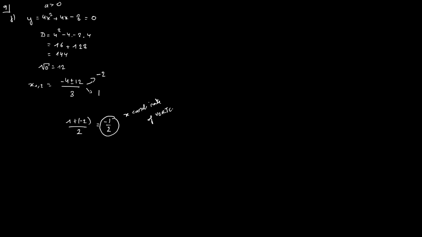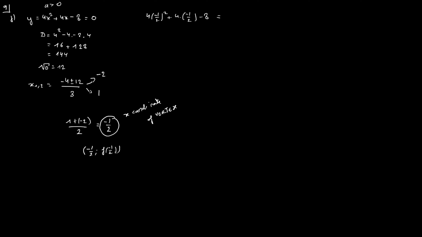And once you have the x-coordinate, finding the y-coordinate is just a matter of filling it in. So we take our function evaluated at -1 over 2. So what do you get? You get 4 times minus 1 over 2 squared plus 4 times minus 1 over 2 minus 8.